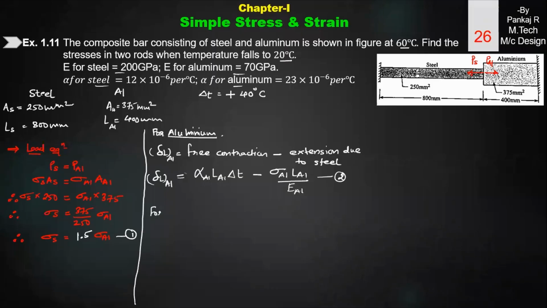Similarly for steel, as I explained, here both the materials are going to oppose each other. So in both cases negative is going to come. So delta L for steel is equal to, again I will write down, free contraction minus extension due to aluminium.